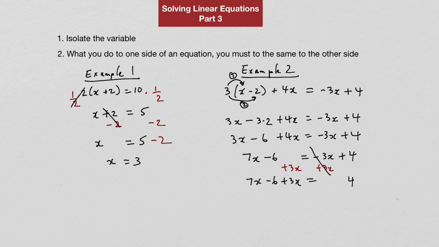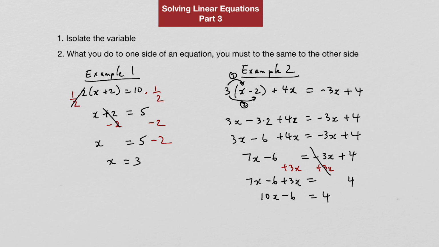Now we're going to combine like terms again. We have 7x and a positive 3x, and by combining those we're going to get 10x. I'm going to write everything else. Minus 6 is equal to 4.